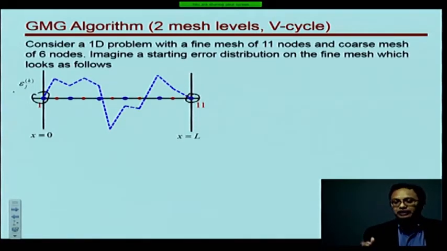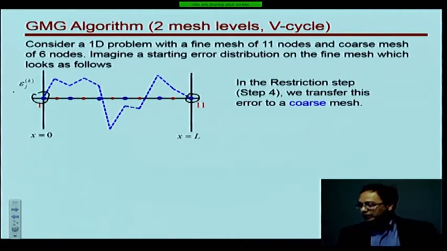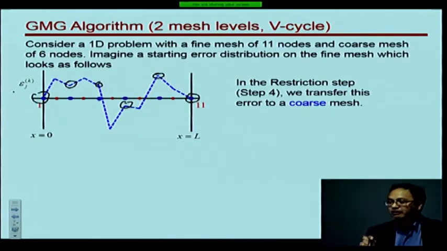Now what we do is transfer this information to the coarse mesh. So what are we doing? We are selectively taking these points, that one, that one, that one. Wherever we have coarse mesh points, we are just selectively taking those errors and putting them on the coarse mesh.